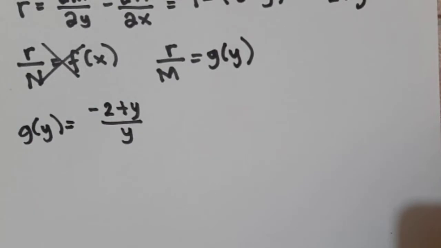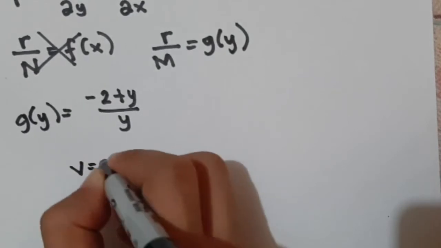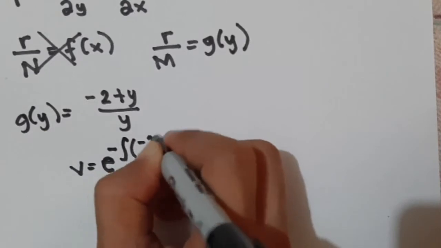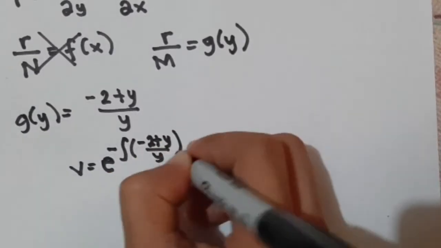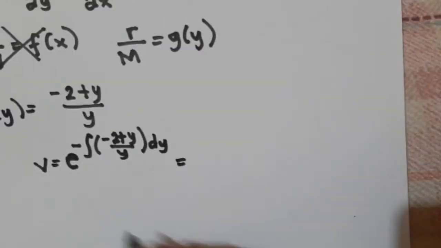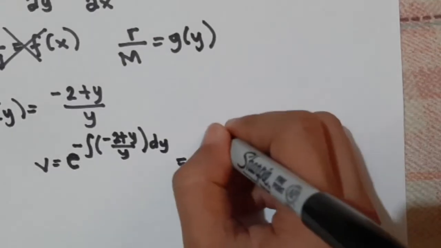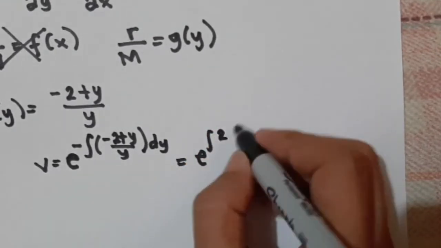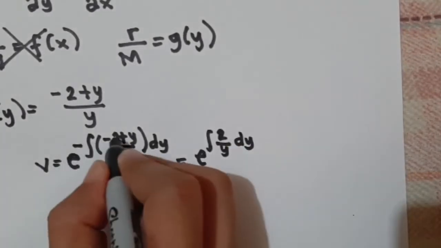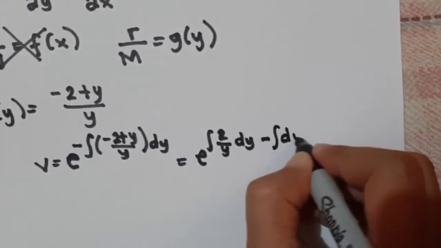So we'll substitute this to our integrating factor, which is e raised to negative integral of (negative 2 plus y) over y dy. We distribute the negative, so this will result to e raised to the integral of 2 over y dy, negative y over y is 1, so negative integral of dy.